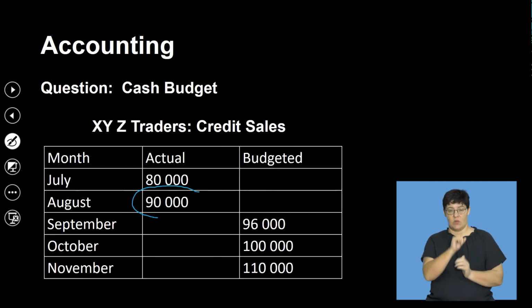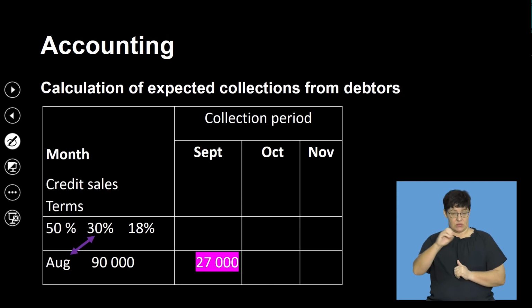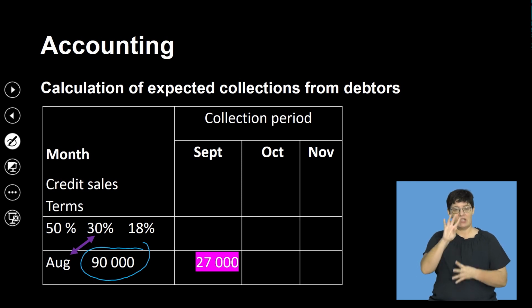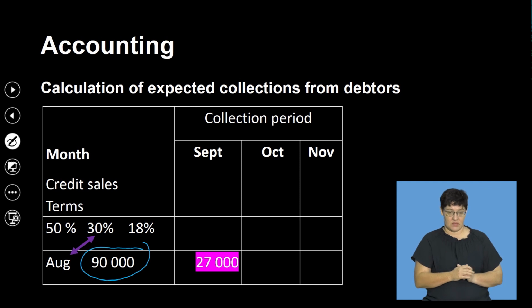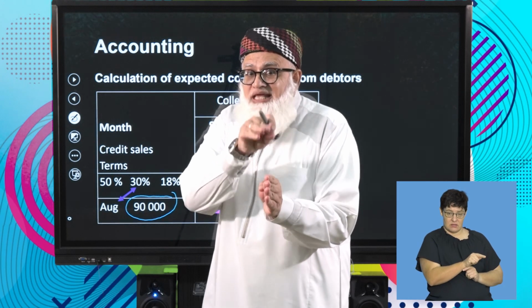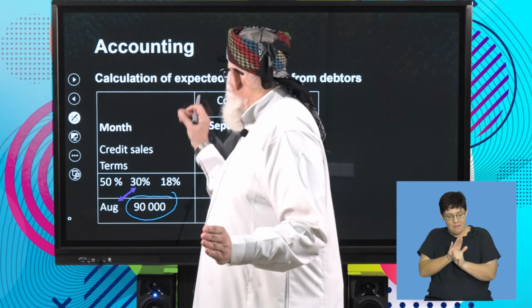It is 90,000 Rand. And yes, you can see we actually put it into our debtors collection schedule. So we know now which figure we are working with. The credit sale for August. Clear? Okay. Now, August, how is August impacting on September?